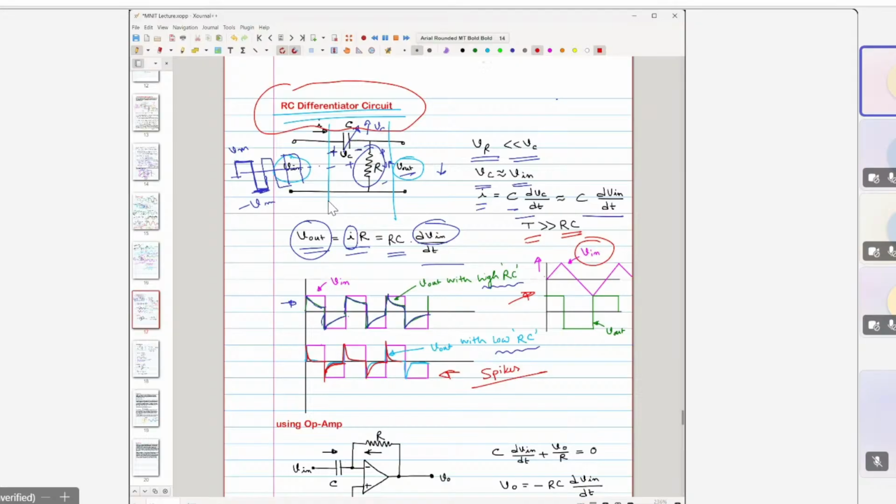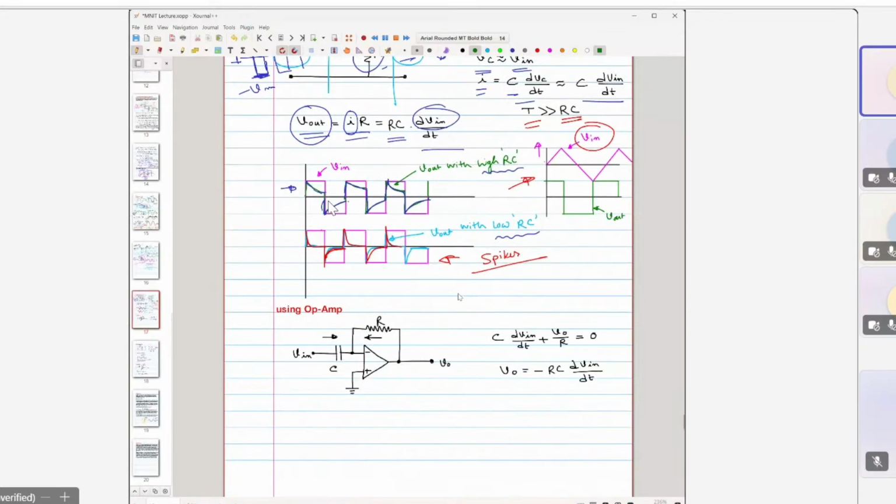But as we have mentioned before, here is an assumption, and the assumption is that this Vc is much larger than this Vr, right? Not all places this assumption holds true. So a better way to design a differentiator circuit would be to use an op-amp.